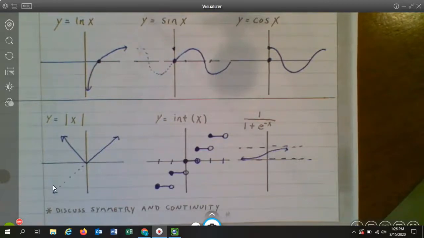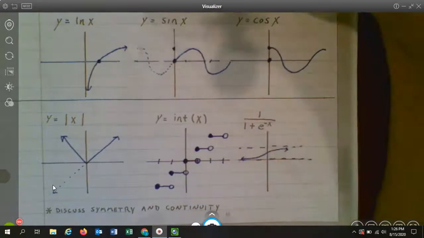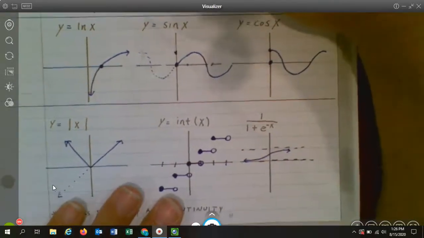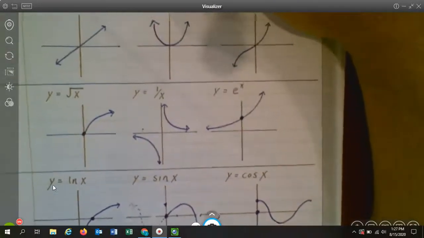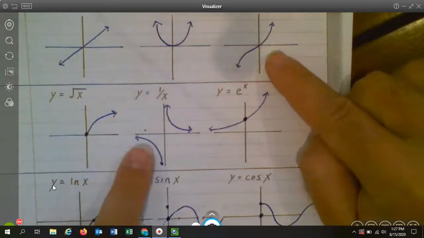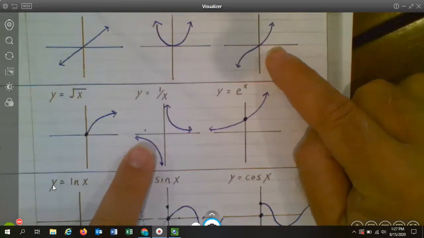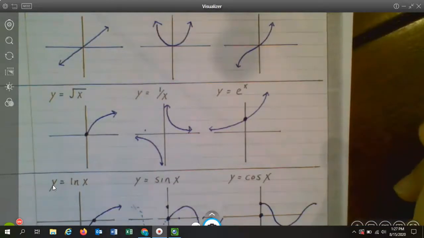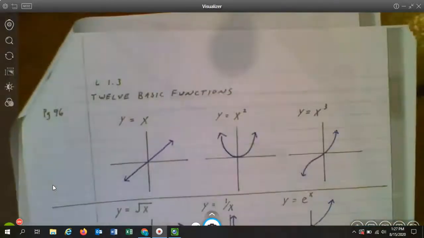If it is symmetric to the origin, like if I could flip my paper upside down and I'm still looking at the same graph, I know it's an odd function. If you look at these two graphs, I can rotate this page 180 degrees and I'd still be looking at this exact same graph, so we know these are odd functions. Don't lose sight of some of those ideas that we've already talked about, but those are the main graphs that we're going to be working with.